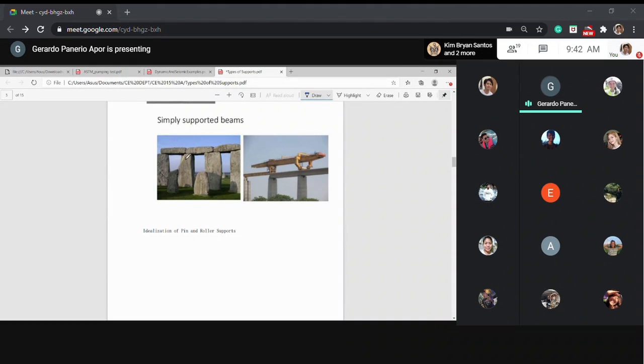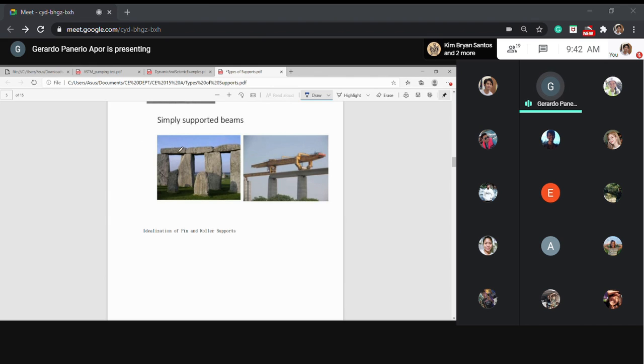So these are posts and beams. The beams are just put directly on top of the flat surface of the post. That's why it is considered as simply supported, no? Simply supported. Although it is unstable. Why? Because if there is a very large horizontal force such as a strong earthquake, the beam here will simply fall down.